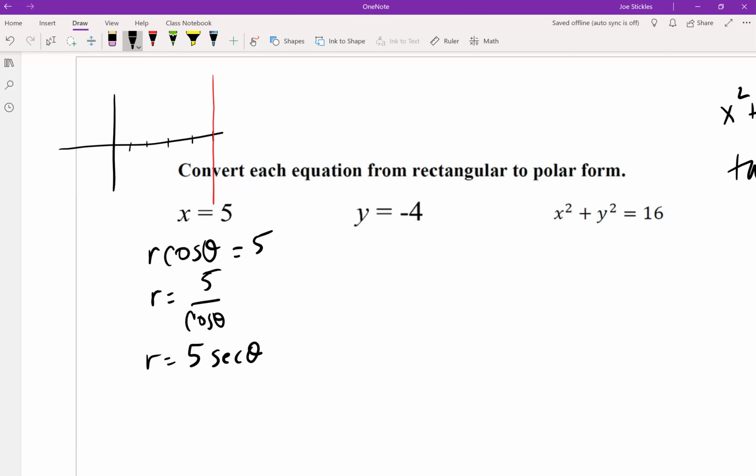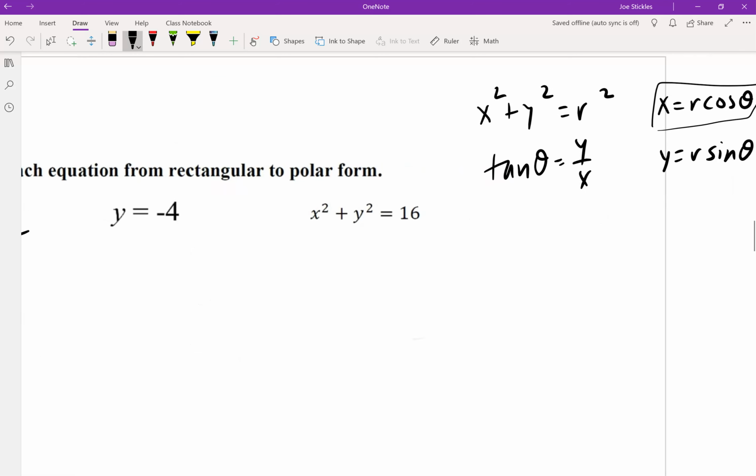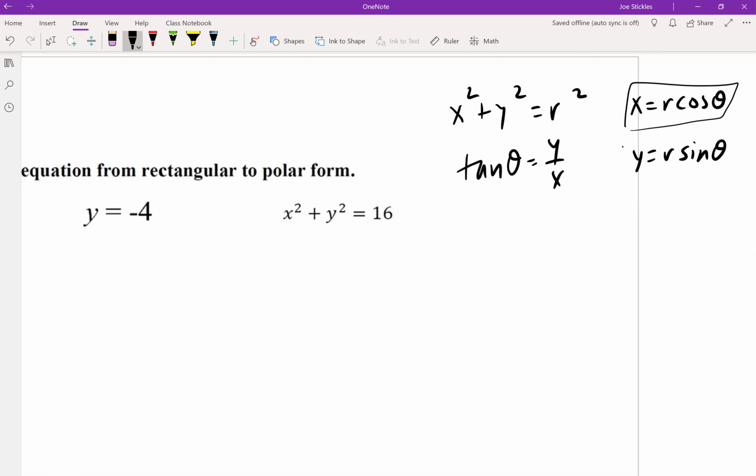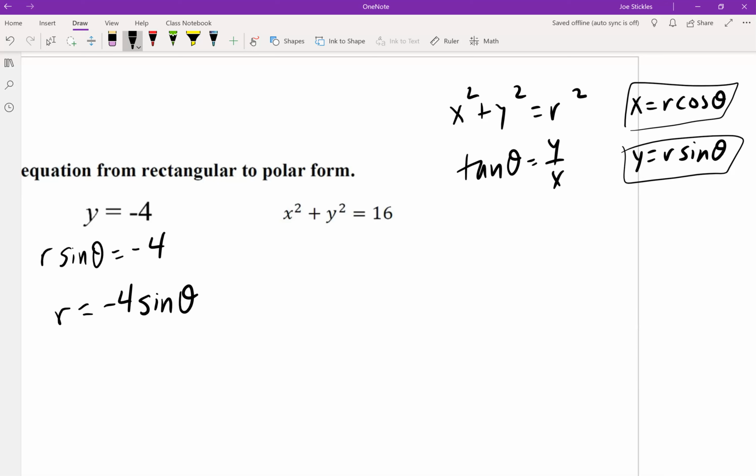y equals -4. Again, the only one that has y without the x in it is this one here. So we'll replace the y with r sine theta and get r equals -4 sine theta. Again, if we think about just what the graph looks like, y equals -4 is a horizontal line.